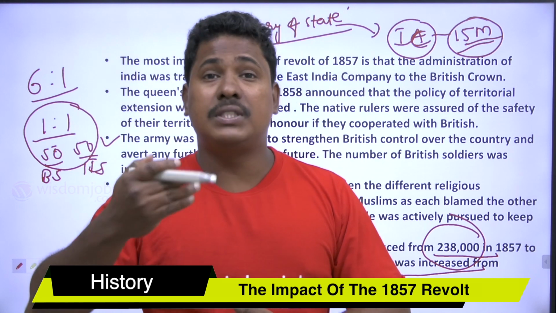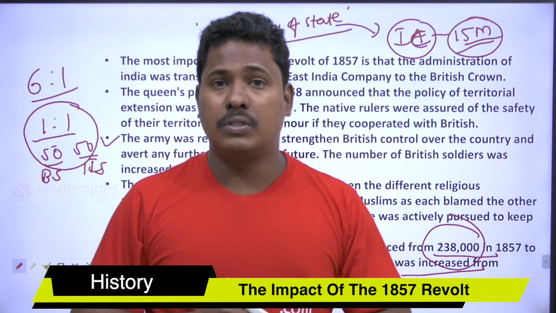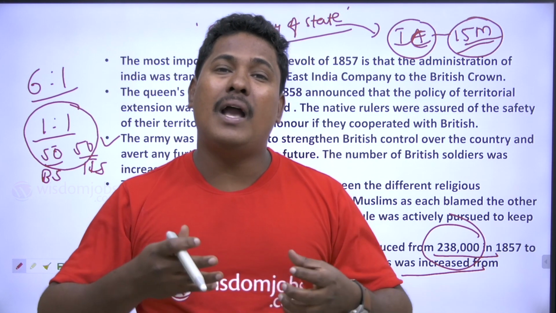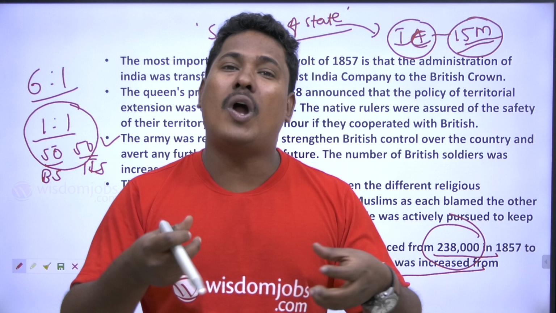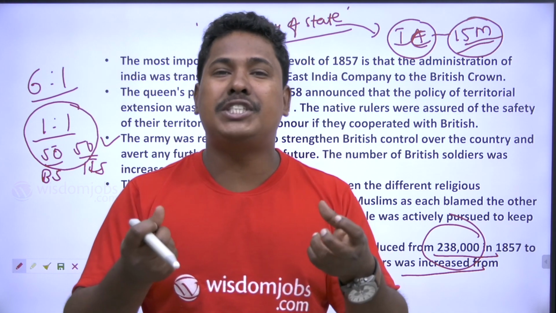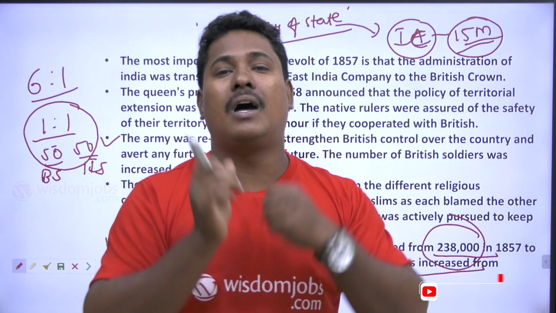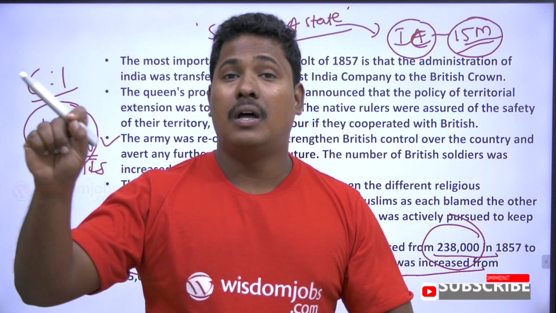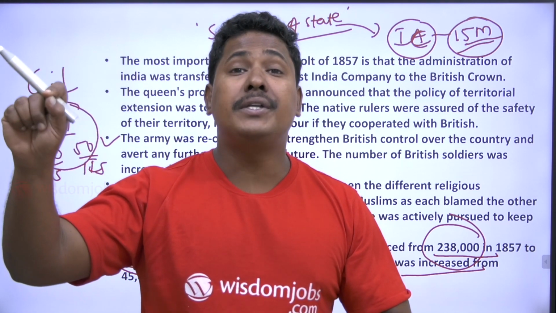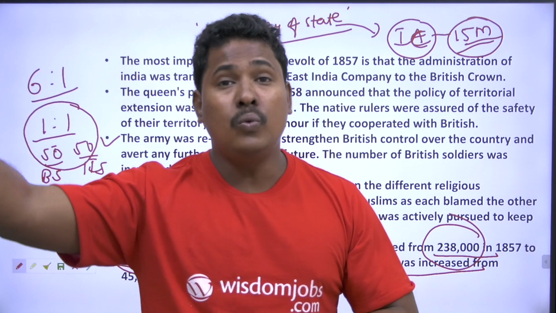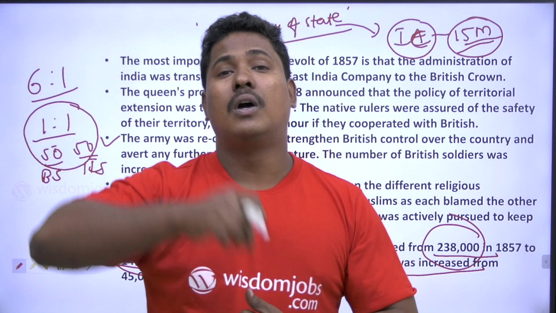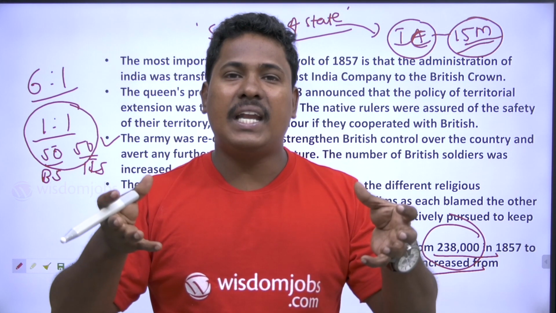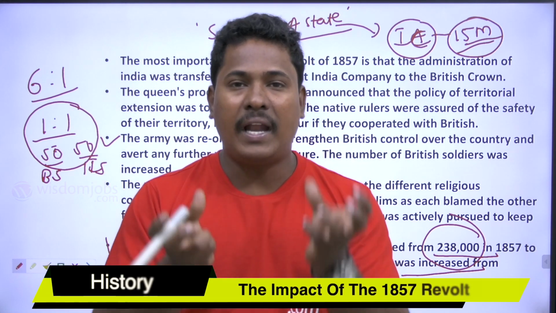But after the revolt, the British made a close, cordial alliance with Muslims and started hating the policies of Hindu rulers. This is how the British created the concept of divide and rule.